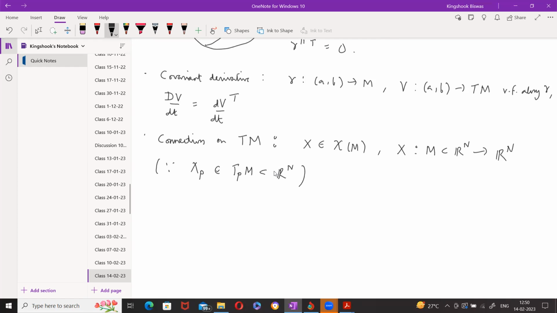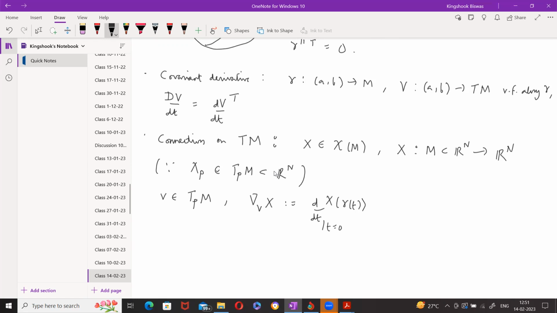So if I want to define my connection, if I take a V in TPM, how will I define the covariant derivative nabla sub V of X? I can define this as follows. I just take d/dt at t equal to 0 of X of gamma t.